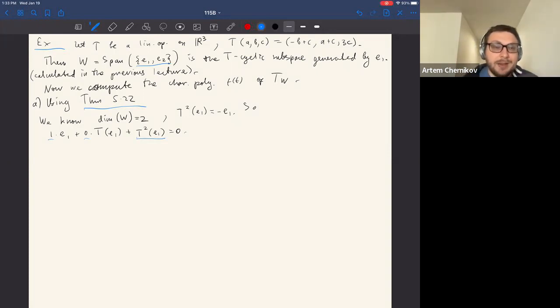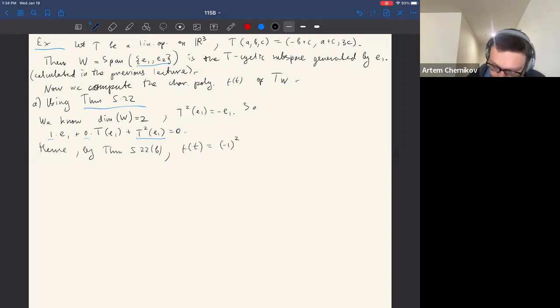Okay, but once we know the scalars, then by Theorem 5.22(b), it follows that the characteristic polynomial can be written as f of t equal to (minus 1) to the power 2, where this 2 is the dimension, times (1 plus 0 times t plus 1 times t squared), where these coefficients I get from here, right?